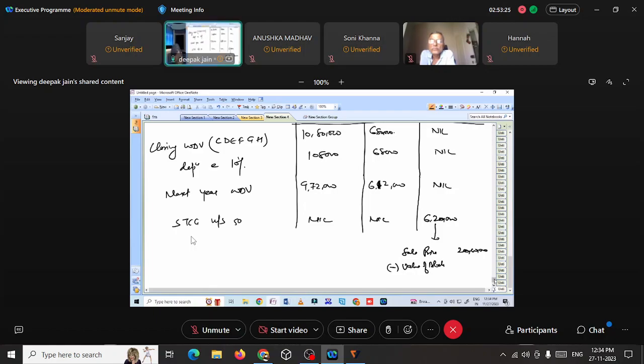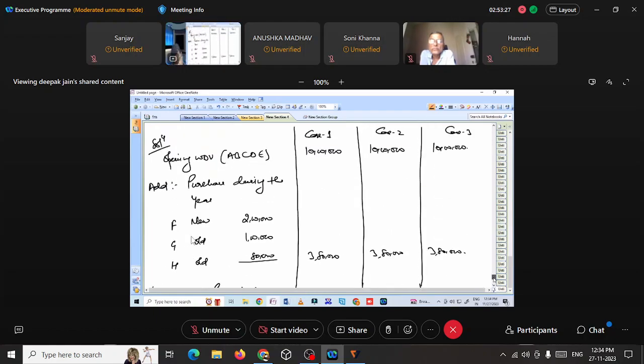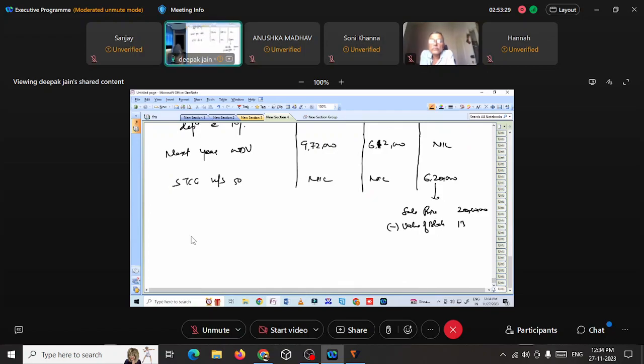Value of block is 13 lakh 80,000. 6 lakh 20,000 is the short-term capital gain under section 50.